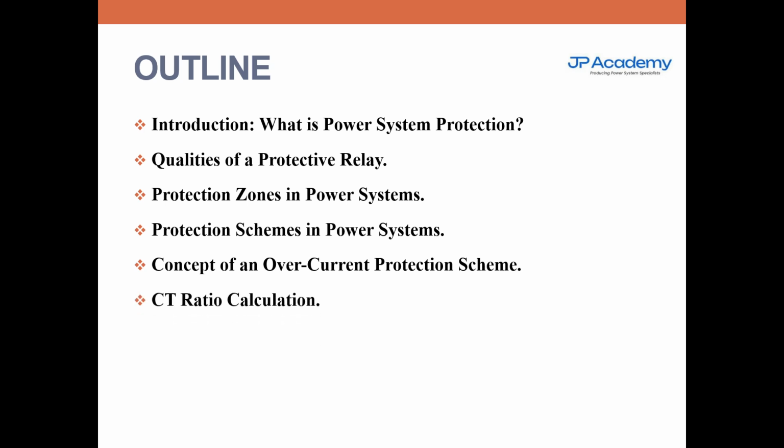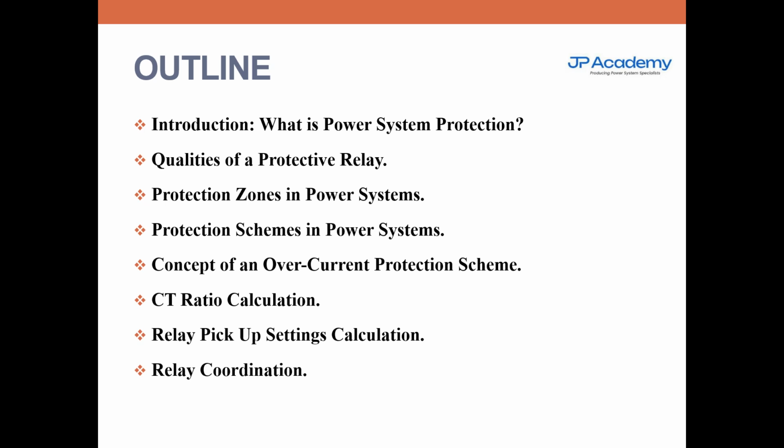After that, for our overcurrent protection scheme, we are going to require CT ratio calculation. We are also going to require relay pickup settings calculation. Then we'll move into proper relay coordination and we conclude. So this is basically going to be our outline for these sessions.